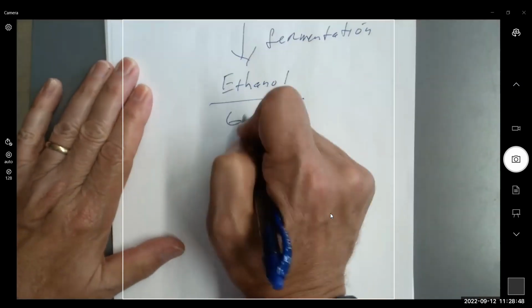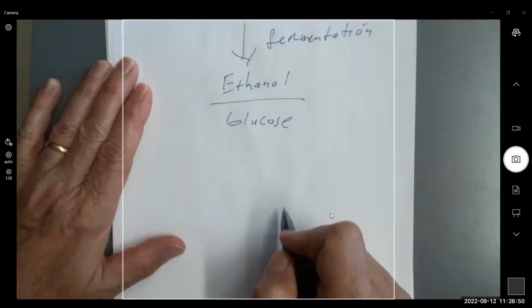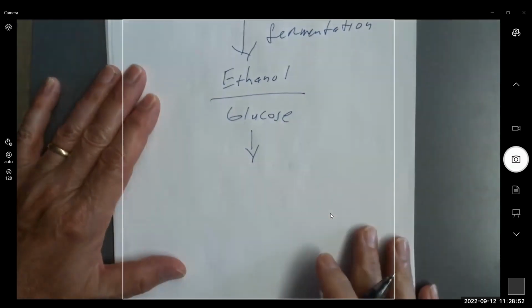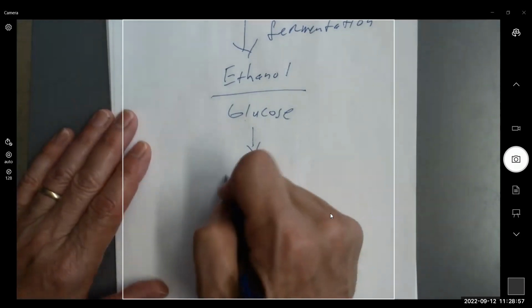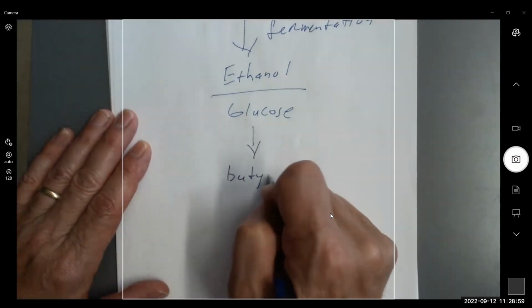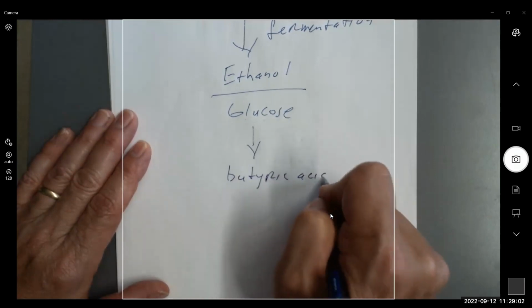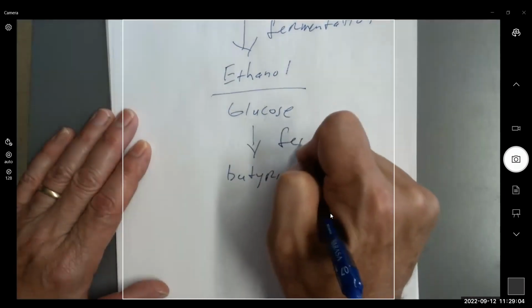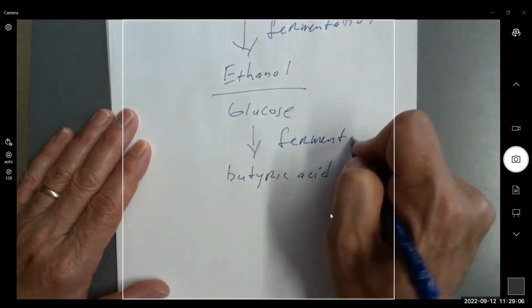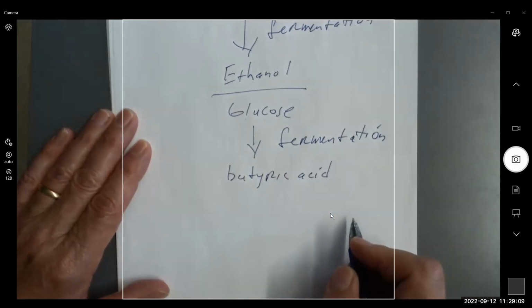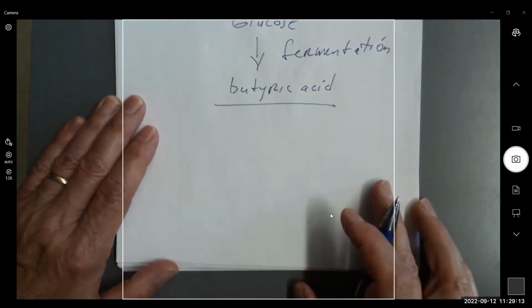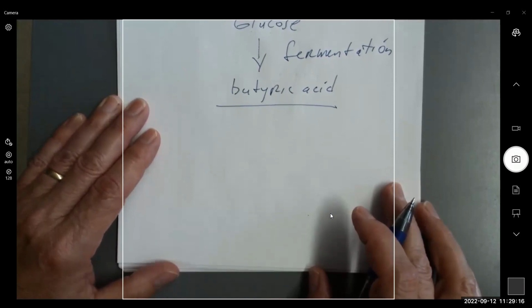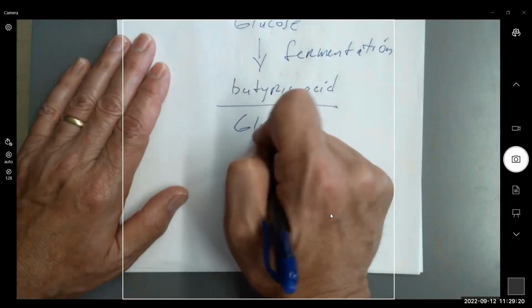Some organisms can take glucose and break it down, but instead of ethanol, they'll make a 4-carbon acid called butyric acid. That's also fermentation. There are other organisms, for example, organisms involved in the making of Swiss cheese.